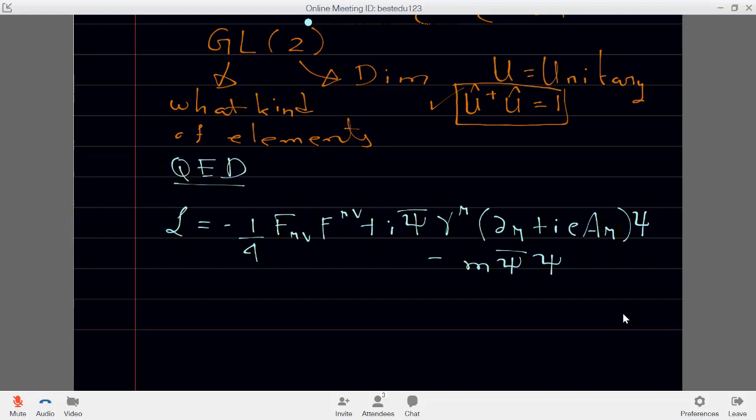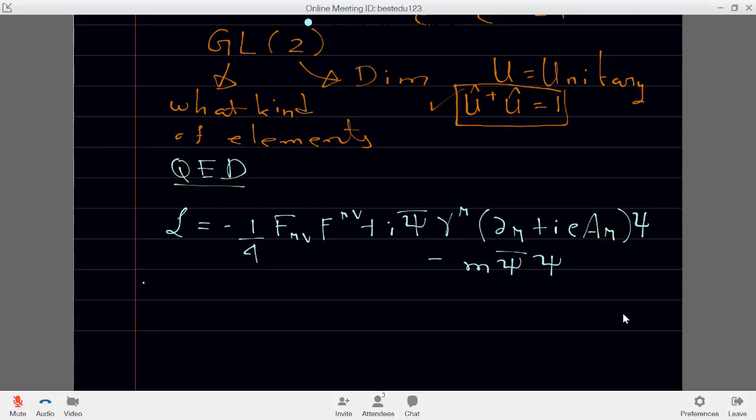And it's very interesting. You see that this kind of Lagrangian is also invariant under certain transformations. Let's look at the transformations. Psi prime of x is equal to e to the power minus i theta. Now theta is a function of x. This is very interesting. Previously our theta was not a function of x, but now it is.